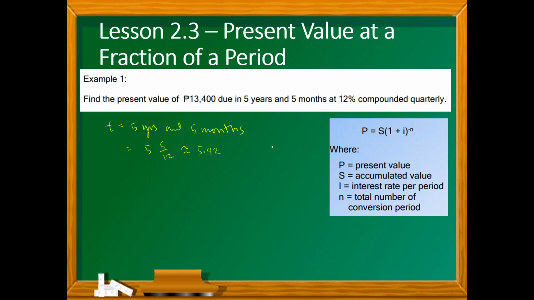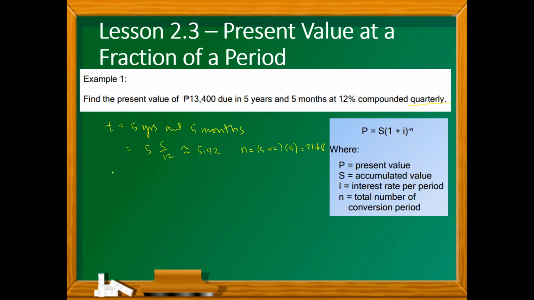And our n here equals 5.42 times, this time, the compounding period is 4 because this is compounded quarterly. So there are 4 quarters in a year. That's why we'll multiply this by 4. So 5.42 times 4, we have 21.68.